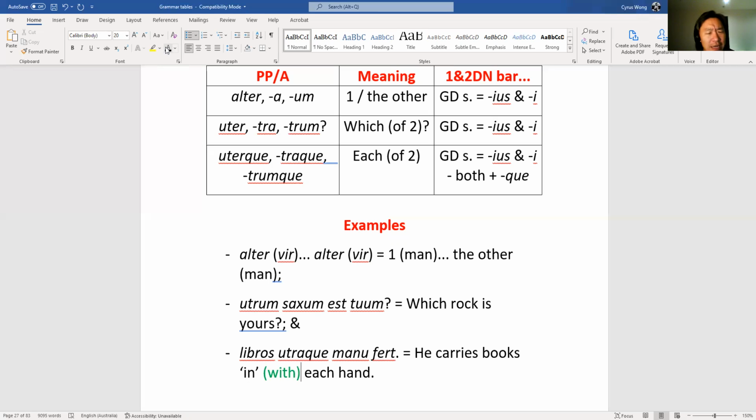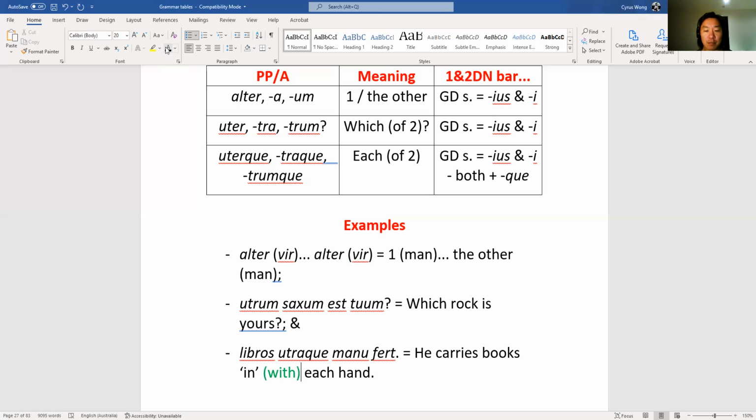If it were any other adjective, like a normal first, second declension adjective, for example, a big hand, you would say magna manu. But with this form you decline the ending, and it always has to have that que suffix.